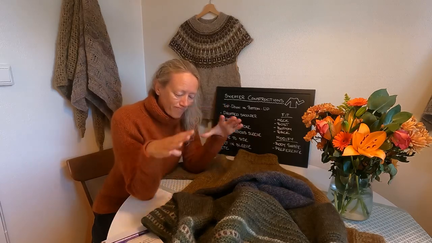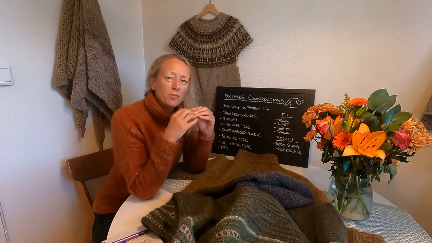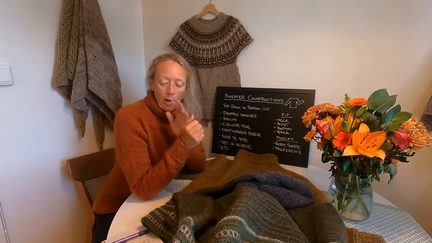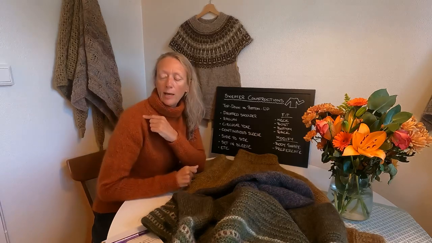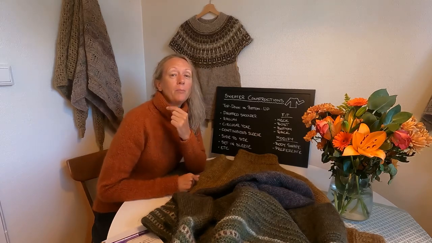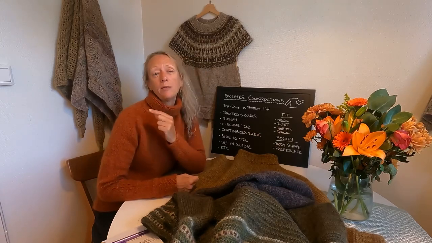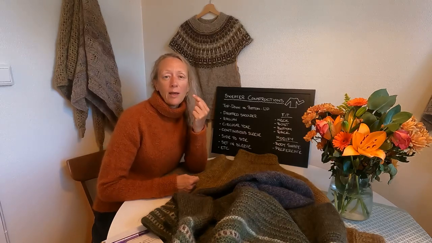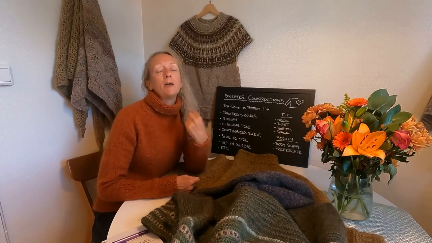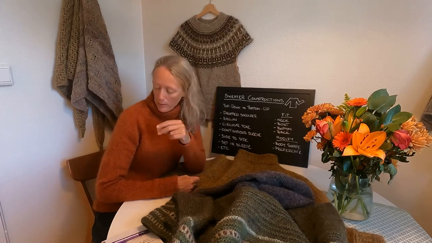That is kind of an increase schedule that you need to have. And if you do the continuous sleeve, you have 4 markers, but you only increase 1 stitch at each marker, and that means you will have to increase on every round to get the same effect.